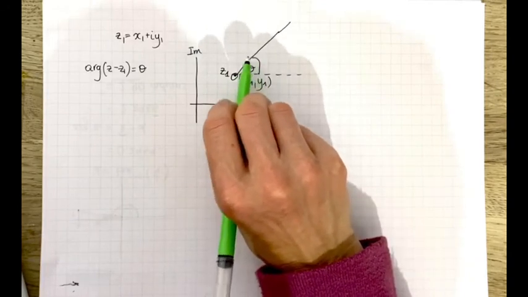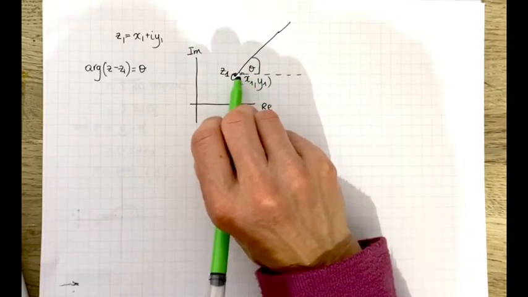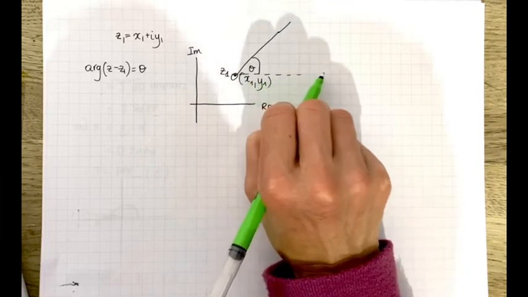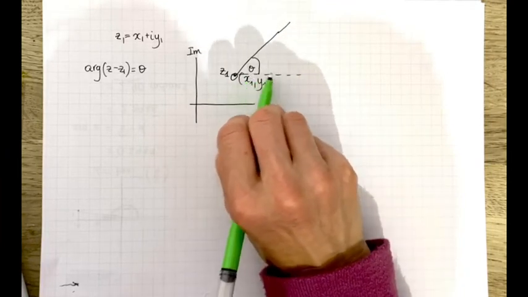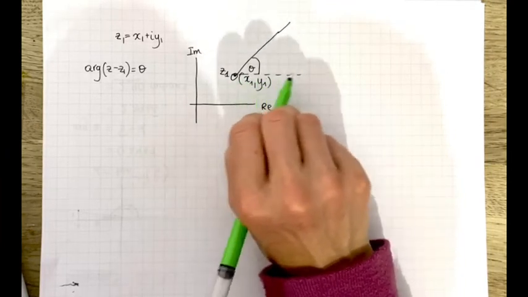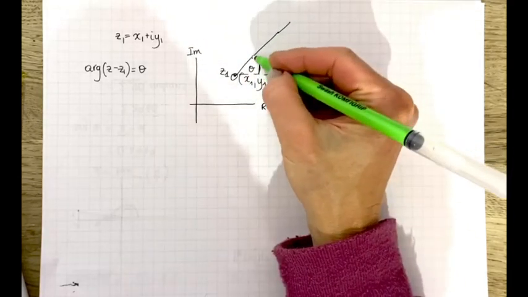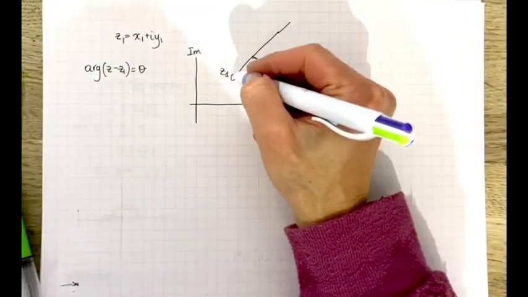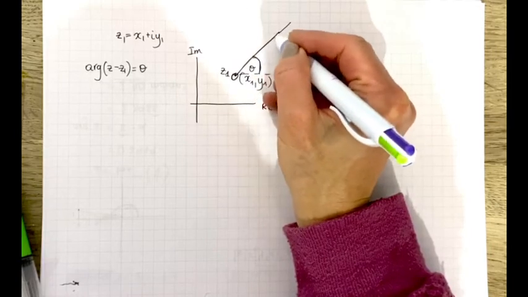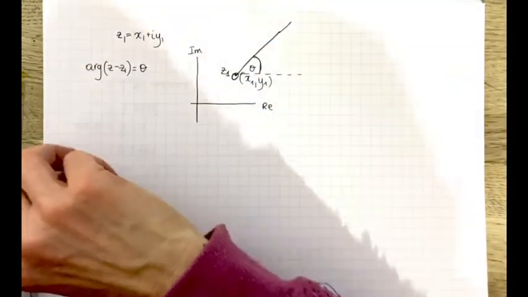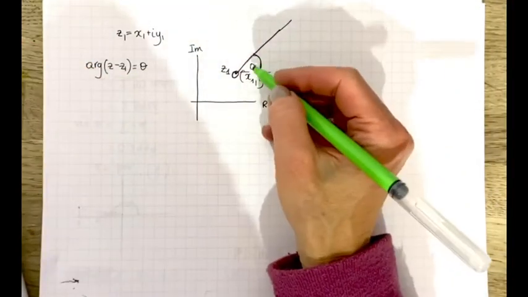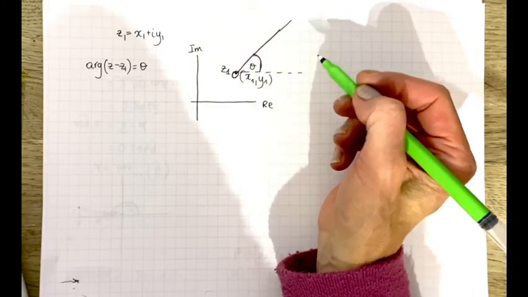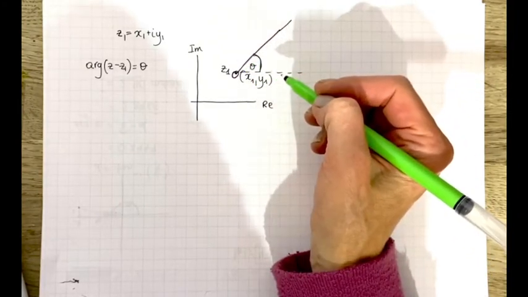The argument theta is measured from the positive parallel x-axis drawn from that point going right horizontally. So we're talking about this actual line, not including the actual point z1.